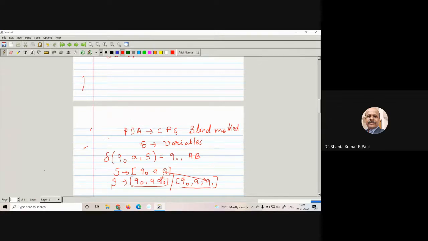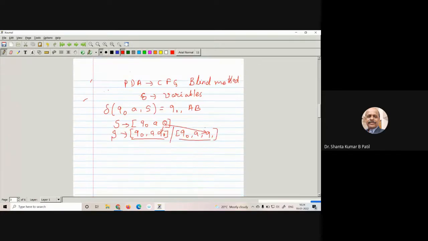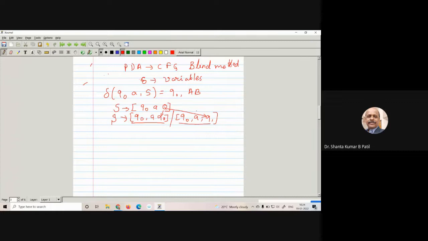Okay. For example, I will show you how to convert. It is a blind method. So the variable goes like this. This is the variable for this transition function, and the production will be like this.